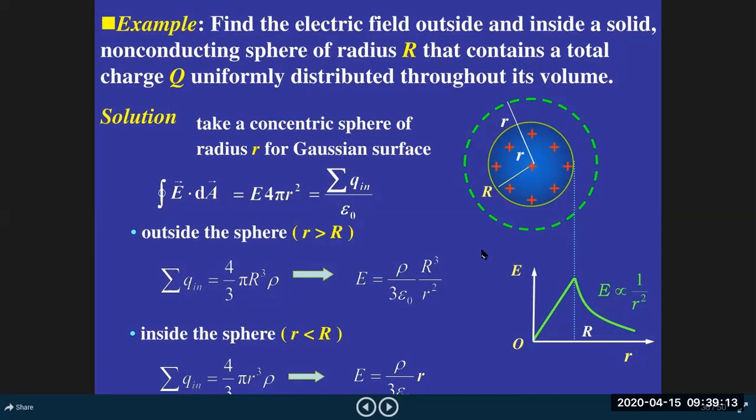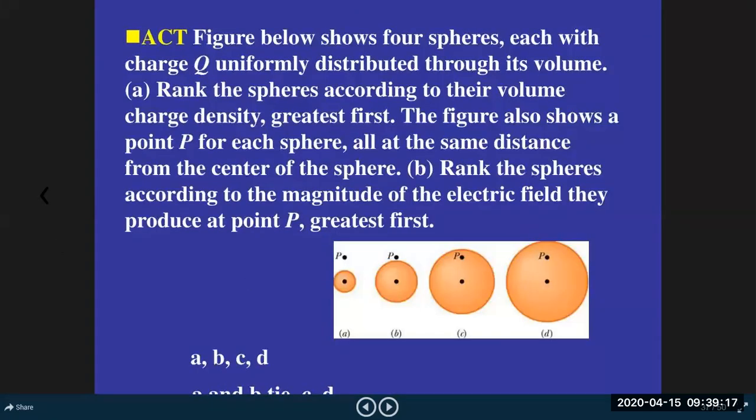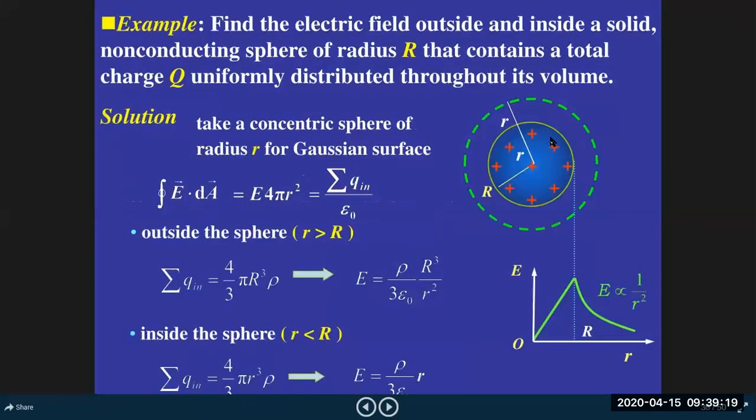Problem is that you just have to draw a Gaussian surface. Here is not given a figure of Gaussian surface. Inside, you just have to draw a Gaussian surface with radius r, here dotted line. And then look over how much charge is enclosed by this Gaussian sphere.